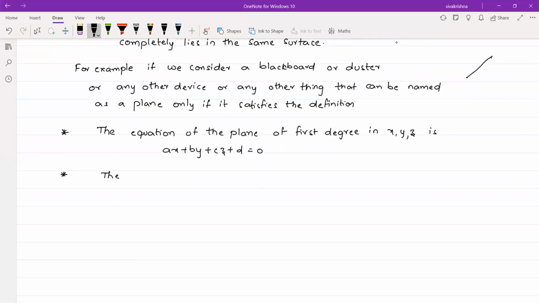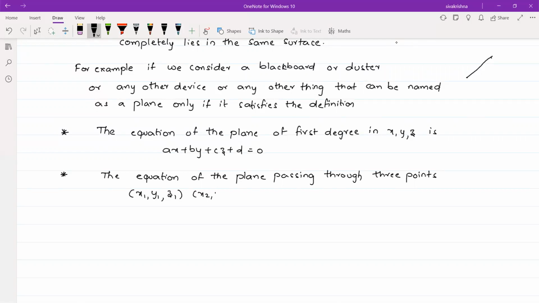Now we have to write one important formula, that is the equation of the plane passing through 3 points x1, y1, z1, x2, y2, z2, and x3, y3, z3.